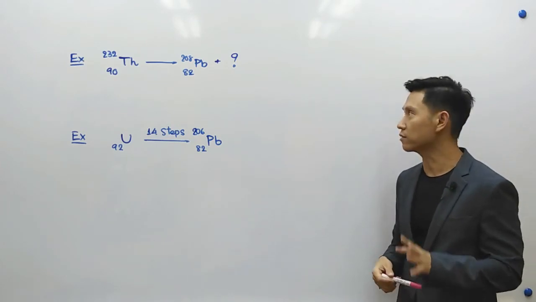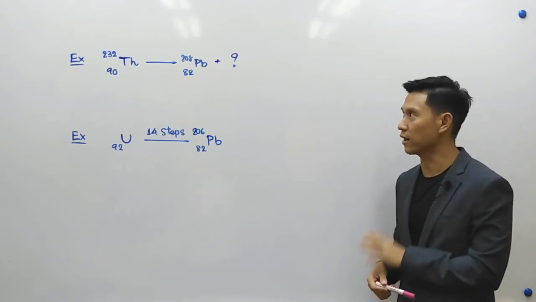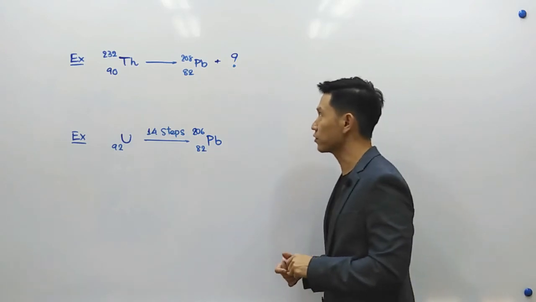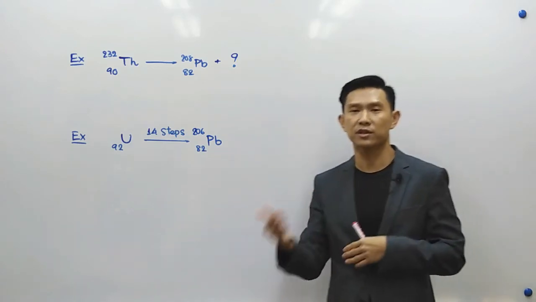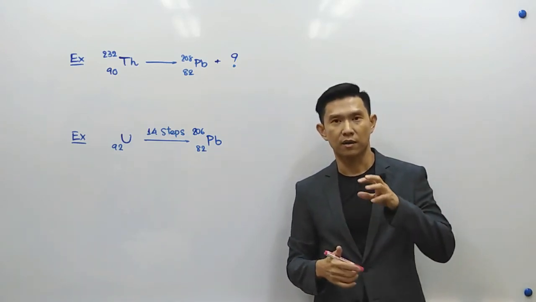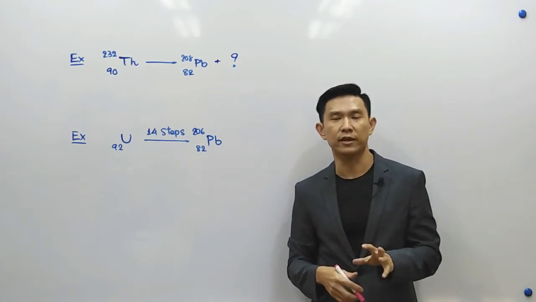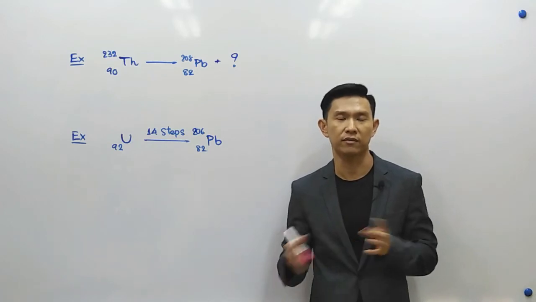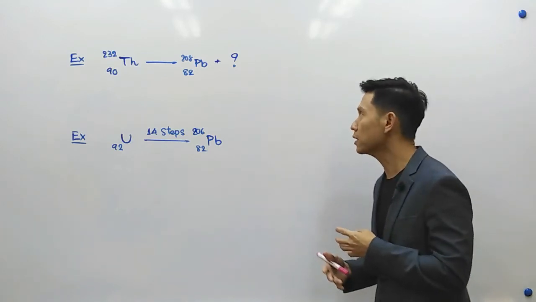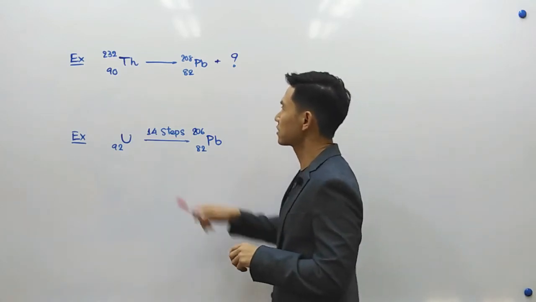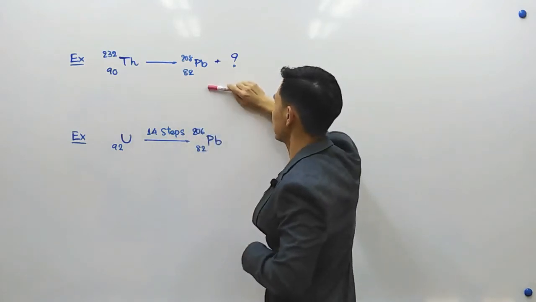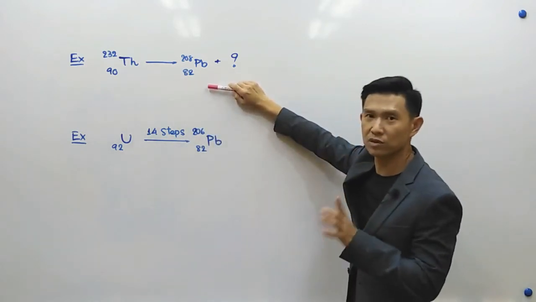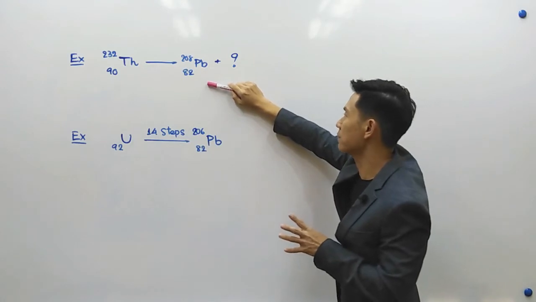If you finish the assignment, now I have to give you the answer. As you can see before here, in each step of radiation you lose either an alpha or a beta by the theory I already described. Starting from this to this, it's not only one step, it has so many steps, right?